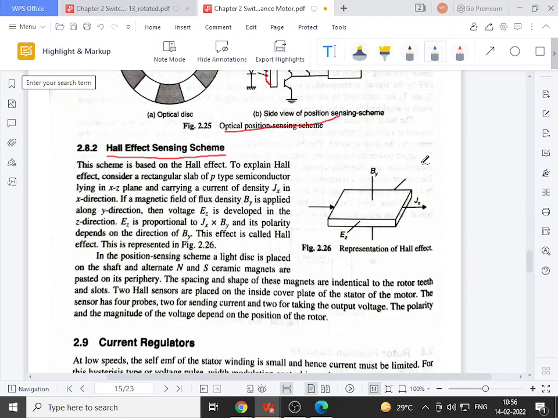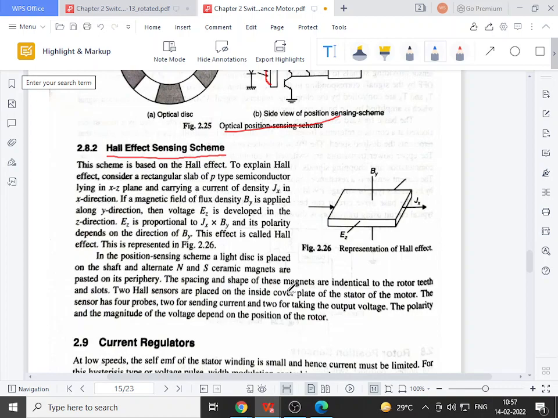I think you are familiar with this Hall effect sensor. I have already explained the construction and working of this Hall effect sensor in FEMM subject. Okay, so only two Hall effect sensors are used for one particular phase. Or for one particular rotor slot, there will be two Hall effect sensors, and those two sensors are generally embedded in the stator itself.